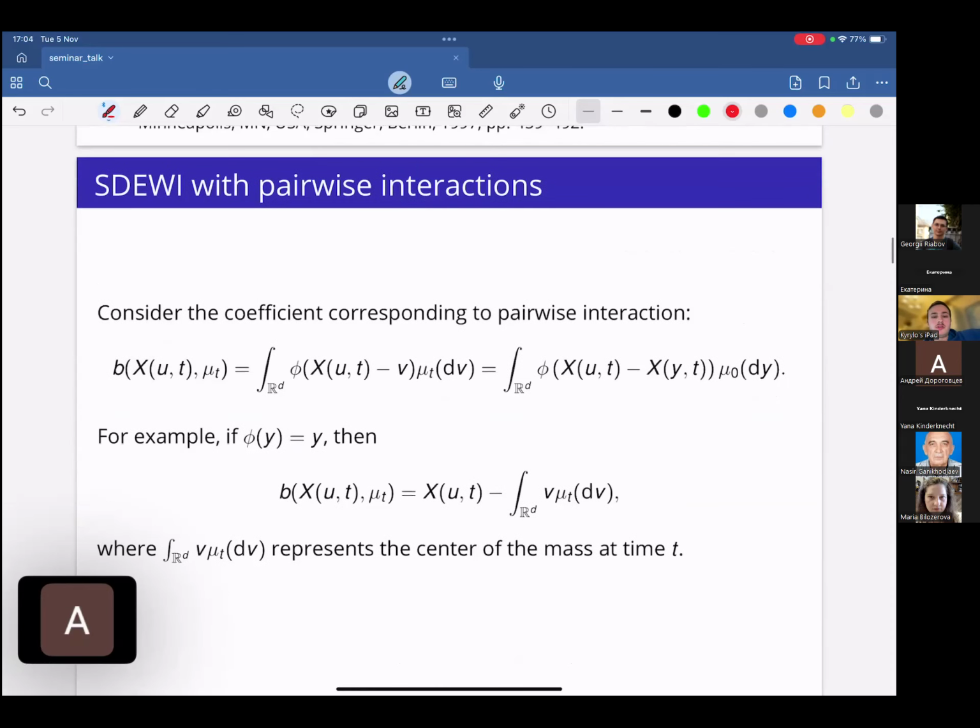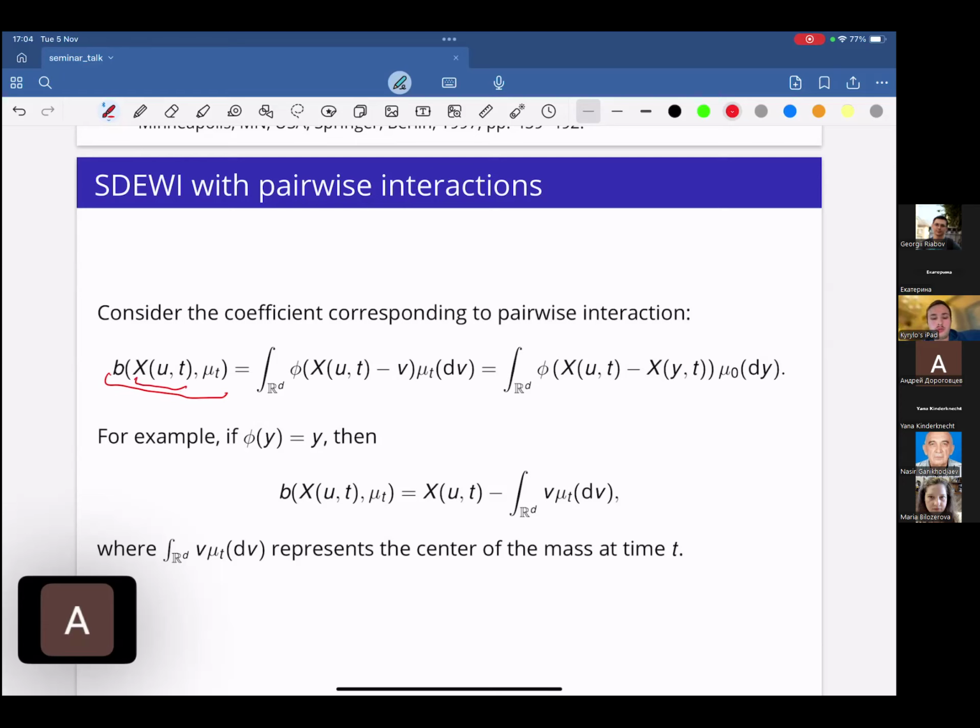I gave the definition of stochastic differential equations with interaction in an abstract setting, but the main difference between them and ordinary stochastic differential equations is in the coefficients. We can consider explicitly how our point x(u,t) depends on all other points.